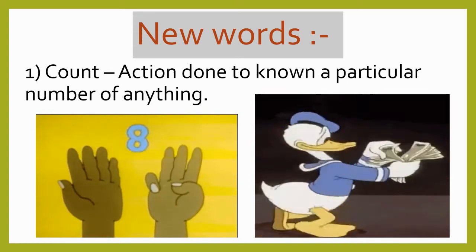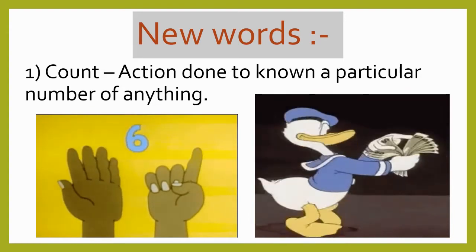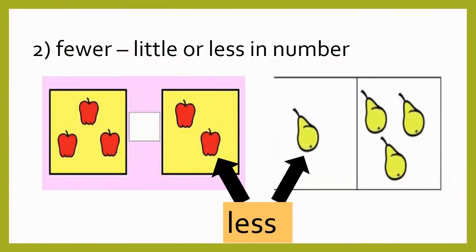So, that is what is called count. The next word is fewer, which means little or less in number. As you can see in the picture where the arrows are pointing, the number of fruits is less compared to the other side. So, fewer means less.